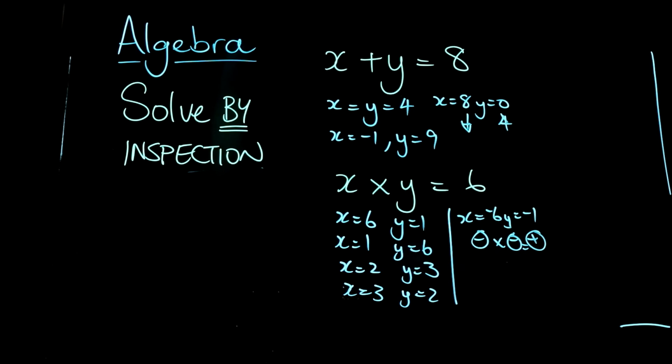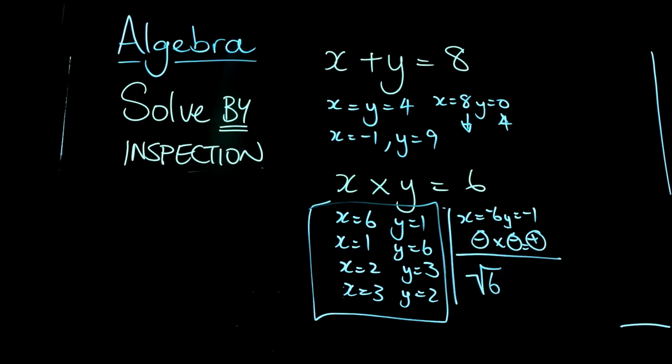So that's one set of solutions, and we can apply that to all this stuff over here and generate new solutions. The only other thing that I can think of is perhaps we could do √6 times √6, and that's equal to 6. That would be another way to generate some solutions here.